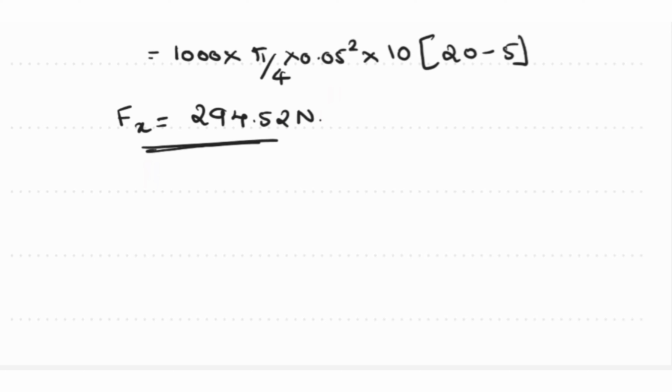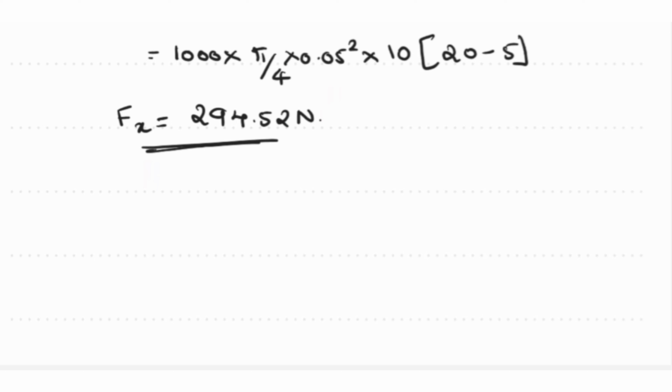So it strikes a curved plate which is moving with a velocity of 10 meter per second. So velocity of plate u1 is equal to u2 is equal to 10 meter per second. Then it is given jet leaves the vane at an angle of 60 degree.